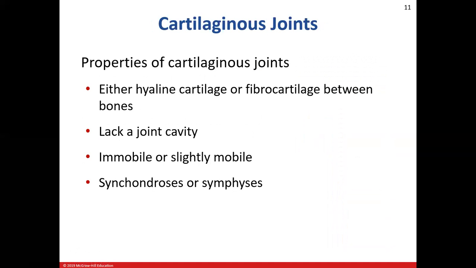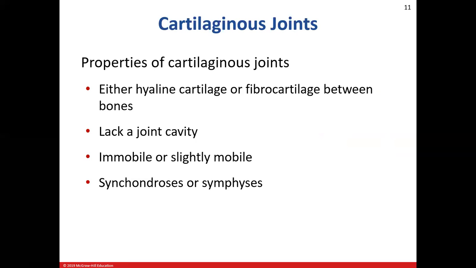So now we move into the cartilaginous type joints. So here's a couple properties of cartilaginous joints. One, they're going to be joined together by some sort of cartilage, whether that's a hyaline cartilage or a fibrocartilage between the two bones.